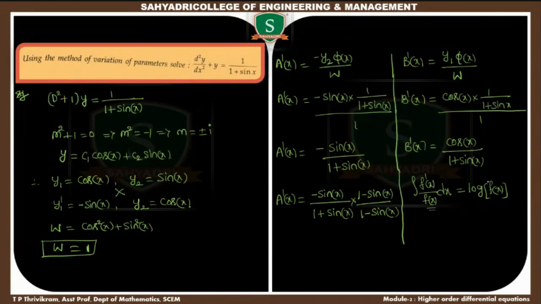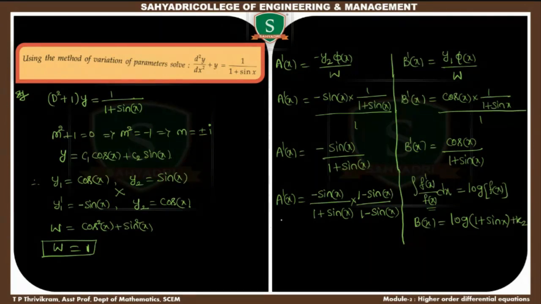If you take f of x as 1 plus sin x, differentiation of 1 plus sin x is cos x, right? So b of x will be equal to log of 1 plus sin x plus k2, I will write the integrating constant.